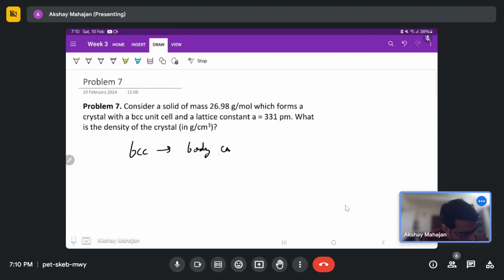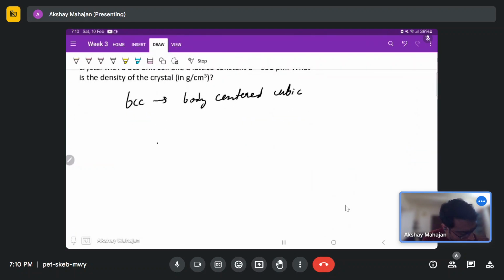Body centered cubic. Okay, so this is a body centered cubic unit cell, and this is the conventional form of this BCC. Conventional because if you have a primitive unit cell, you just have one atom, or one lattice point per unit cell, but in this case we have two atoms. So this is our BCC.